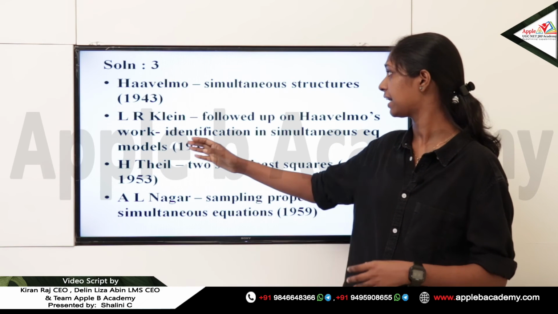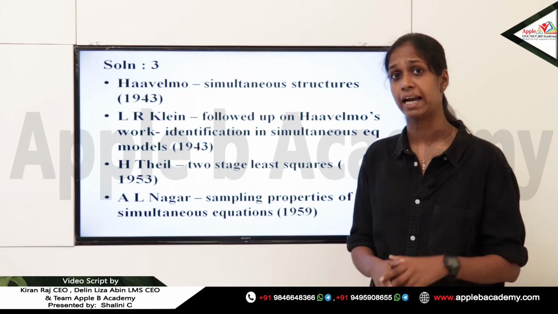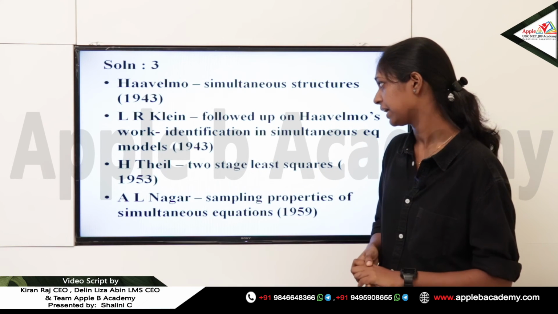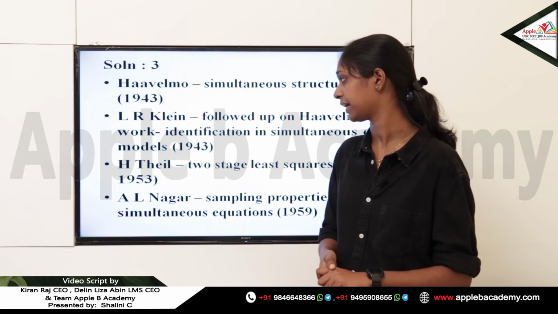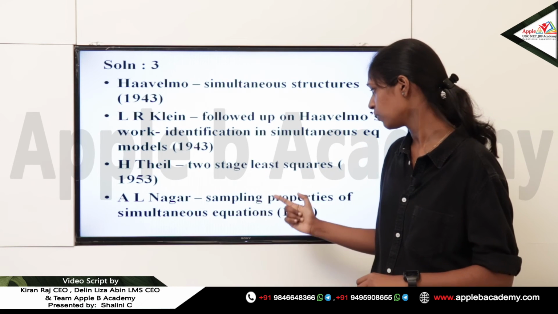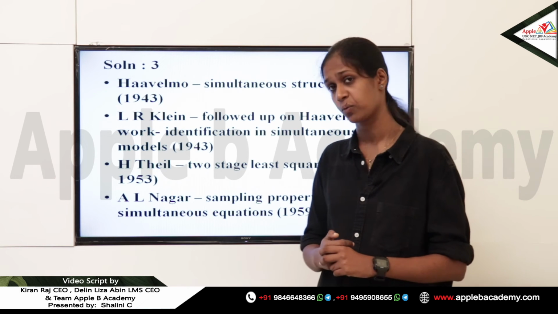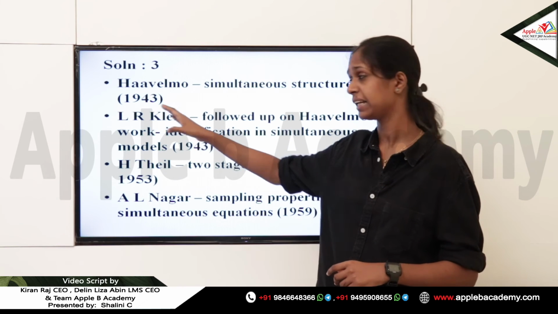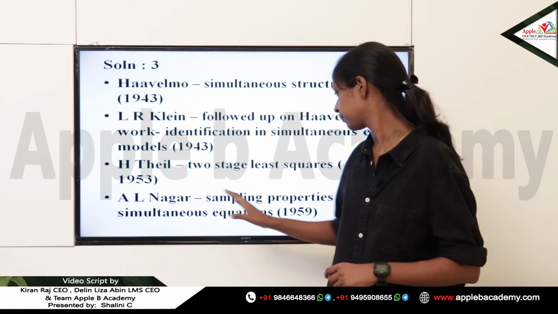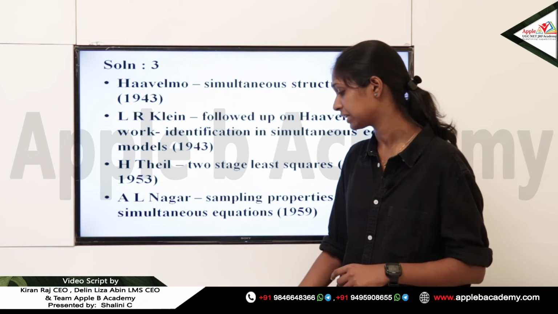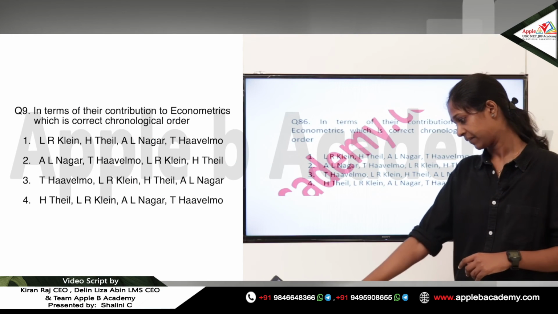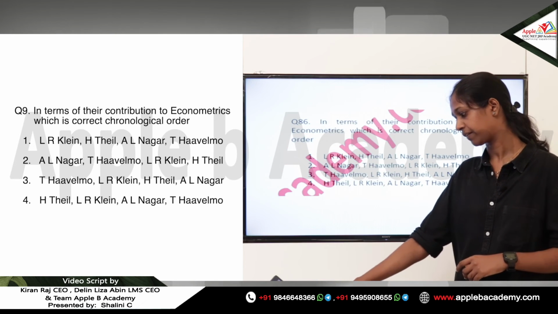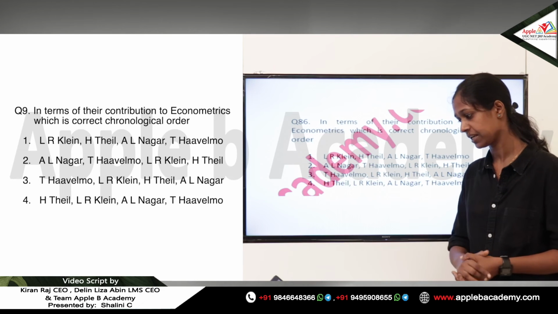Later that year, L.R. Klein followed up on identification of simultaneous equation models, followed by H. Theil in 1953 on two-stage least squares, and finally A.L. Nagar on the sampling properties of simultaneous equations in 1959. So we have 2 in 1943, early and later, then 1953 and 1959. Following that order, we have Haavelmo, then Klein, then Theil, and finally A.L. Nagar. So option 3 is the answer.